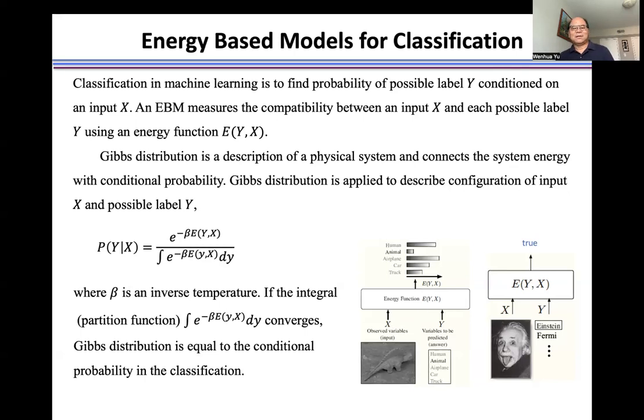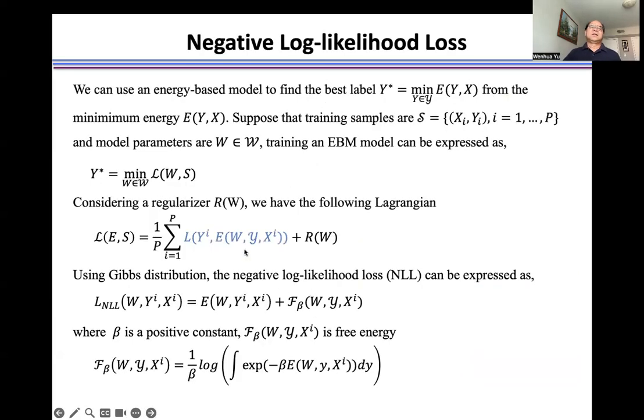Then we find the model parameters. In the classification problem, we use the energy-based model to find the best label that minimizes this energy by selecting the most probable Y. This Y is a set of labels.